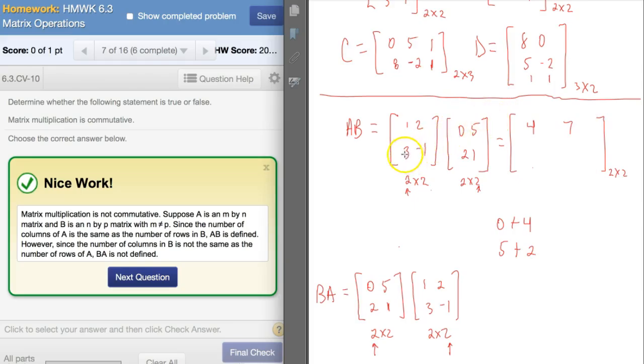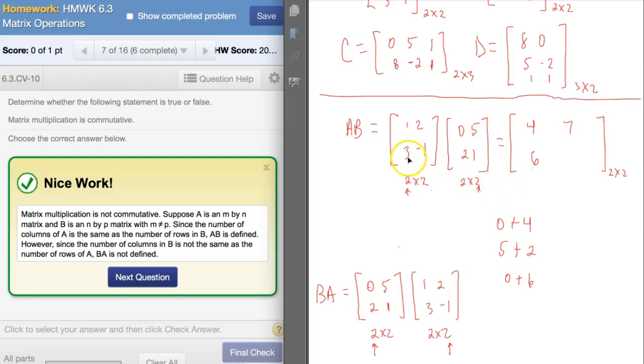So next we come down here for row 2, and we multiply it with column 1, and then row 2 with column 2. So 3 times 0 is 0, plus 3 times 2 is 6. So that result there is 6.